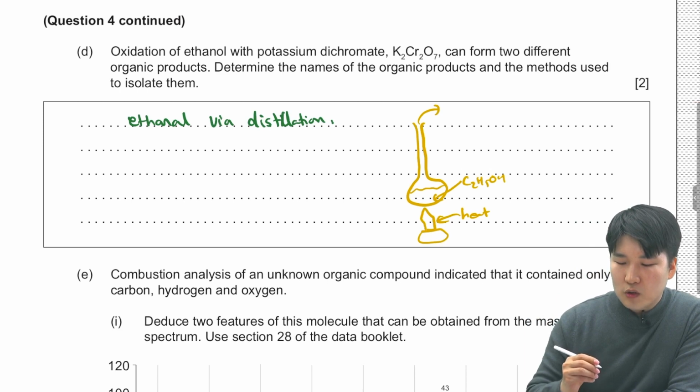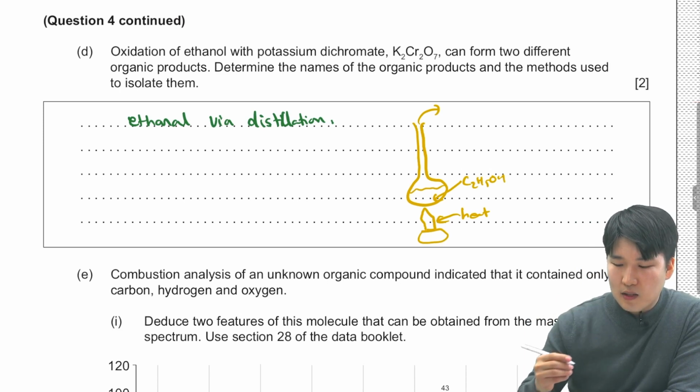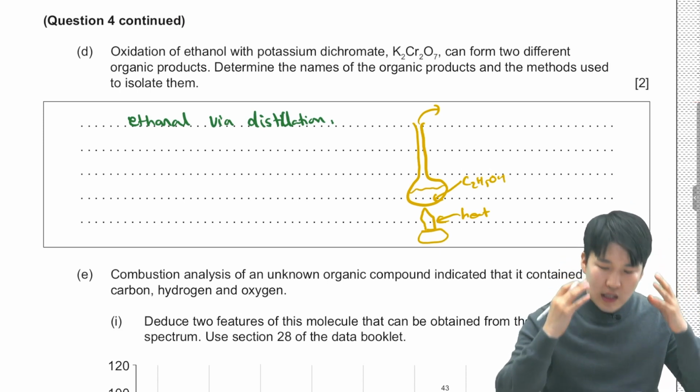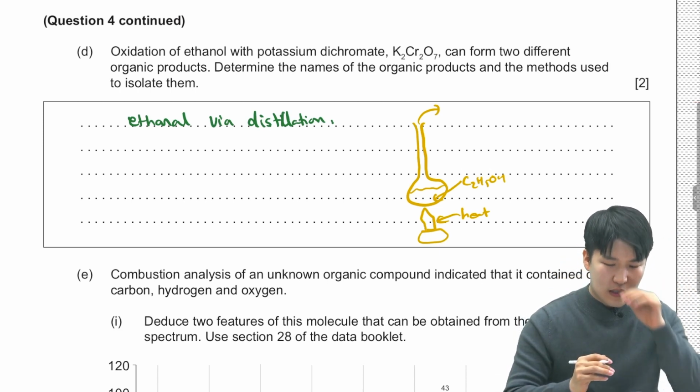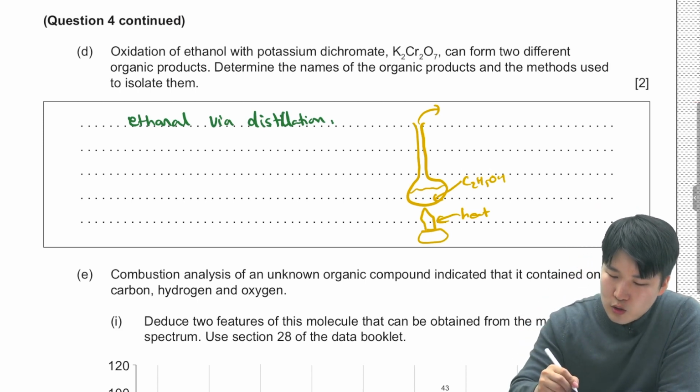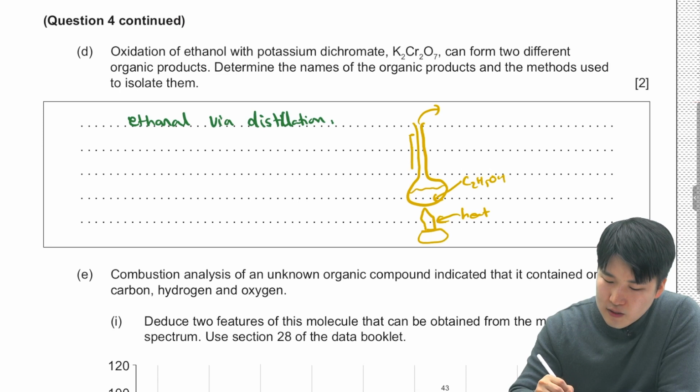But if we want to produce ethanoic acid, we need the ethanol back in the flask so that it keeps being further oxidized. And how do we achieve this? We put a cooling jacket around the flask.